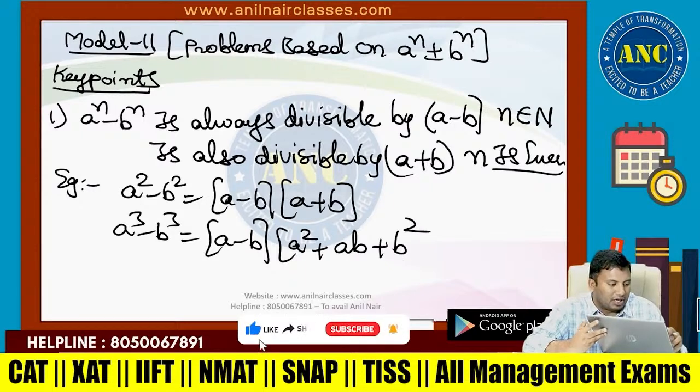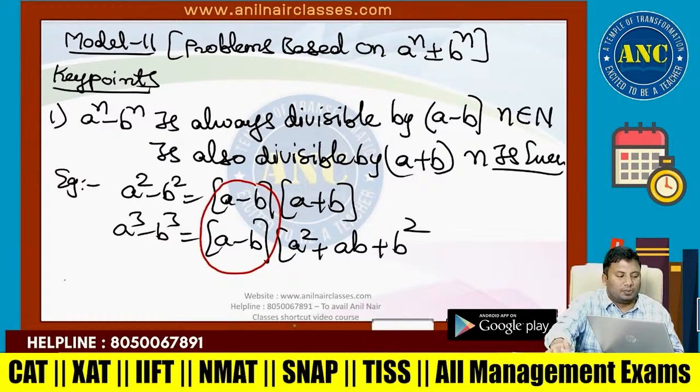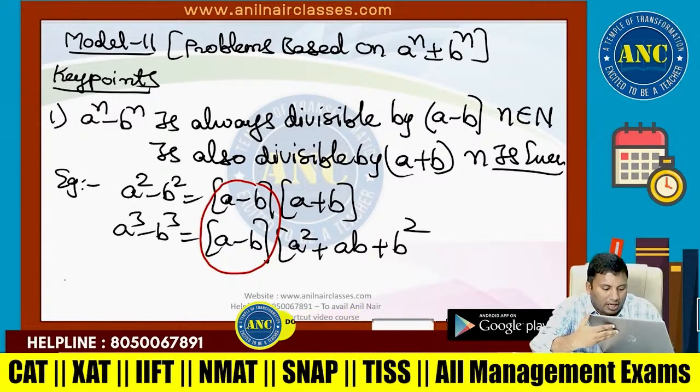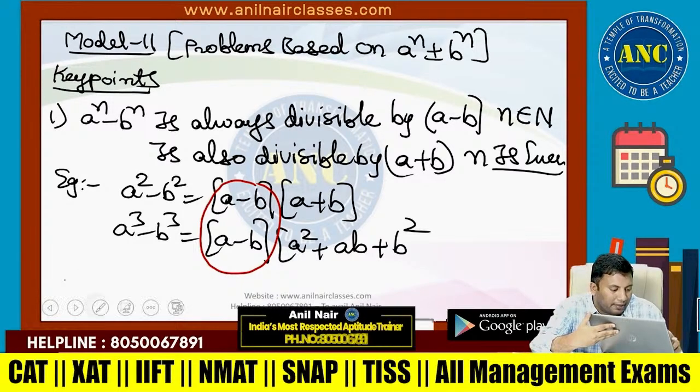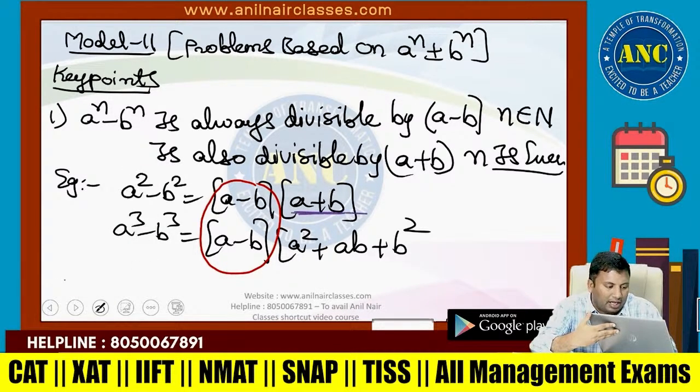If you observe, n could be 2 or n could be 3. It is always divisible by a minus b. It is also divisible by a plus b if n is an even number.